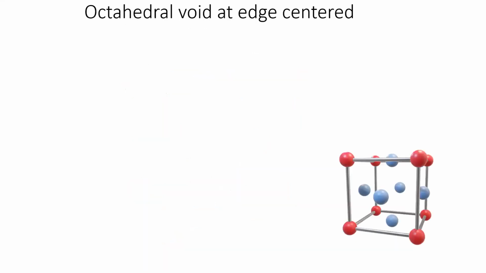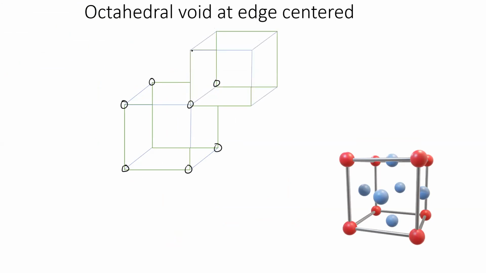Yes, sir. An octahedral void at the edge center. This is somewhat difficult. First, the corner atoms. How many corners? 8 corners. If another unit cell is attached like this, that unit cell also has 8 corner atoms. At the bottom of this we have some corner atoms too.